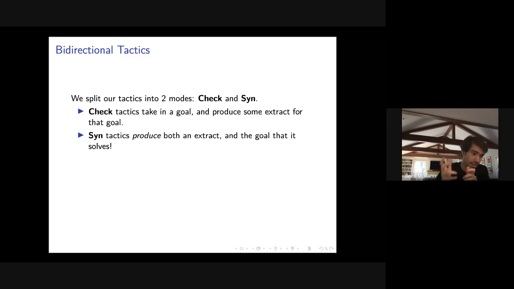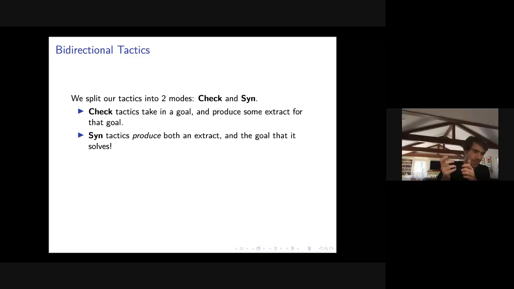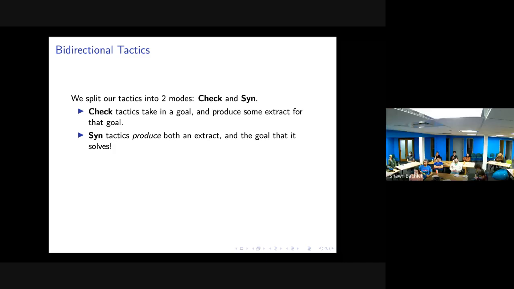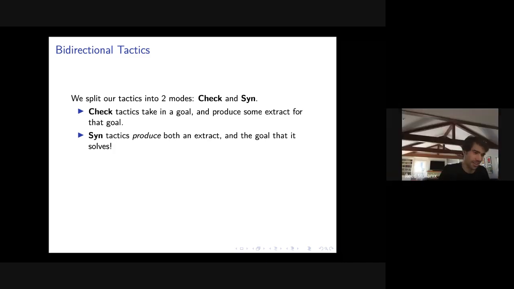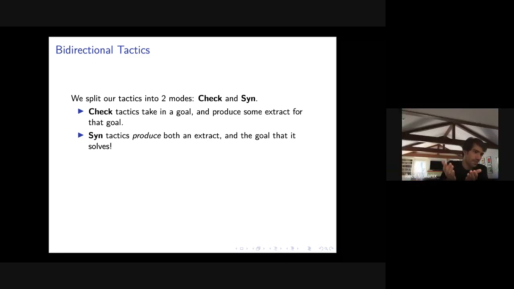Then we have synthesized tactics, which produce both an extract and the goal that it solves. So this would be things like variable lookup, right? If we're running a tactic that uses a variable, we already know the type. It's the type of the variable. That comes from the context, right? Same thing with applying a function. If we're using an apply tactic, we already know the type that this thing produces.